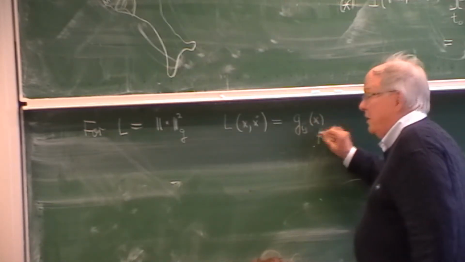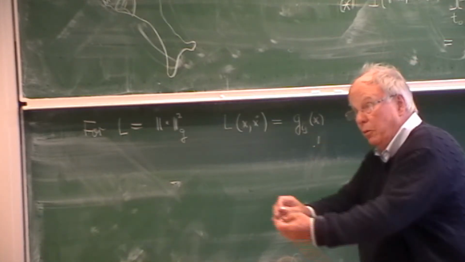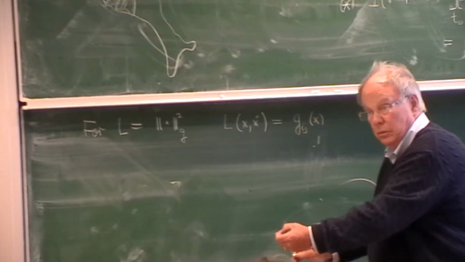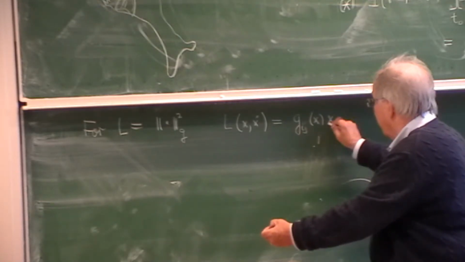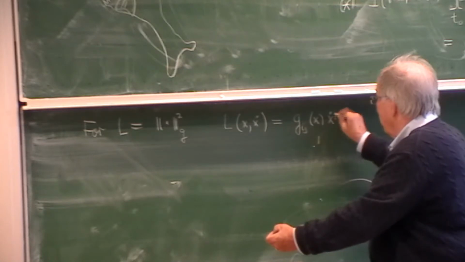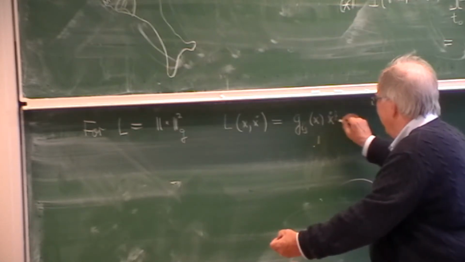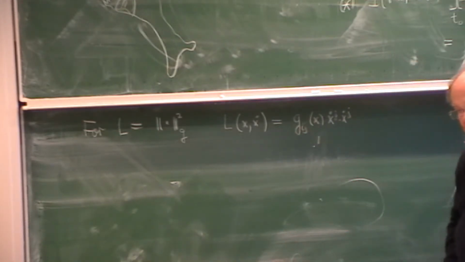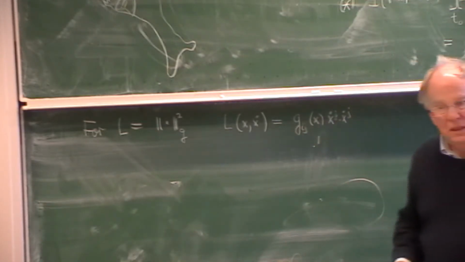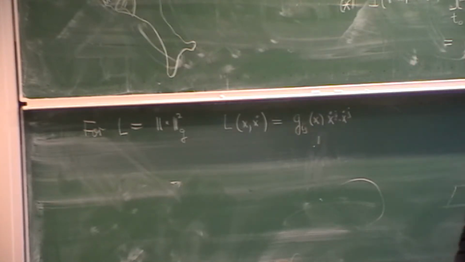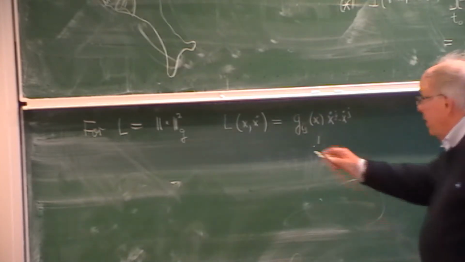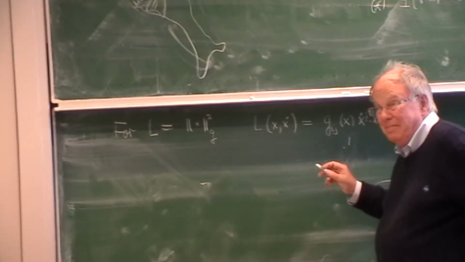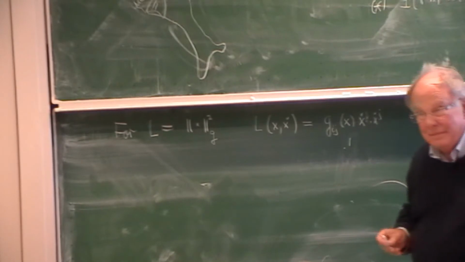Now, the quadratic form depends on the base point, right? Because x is in the manifold, and now we're measuring tangent vectors. So it's the norm of the derivative. In our case, it's really incredibly simple.